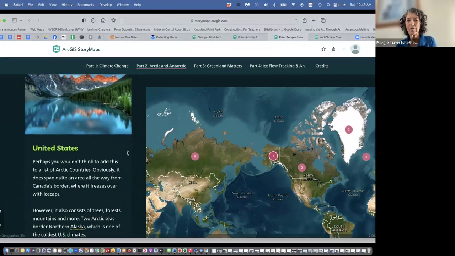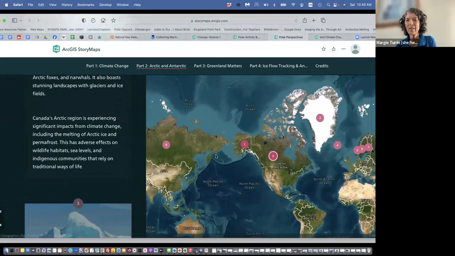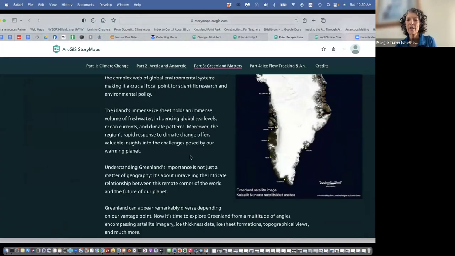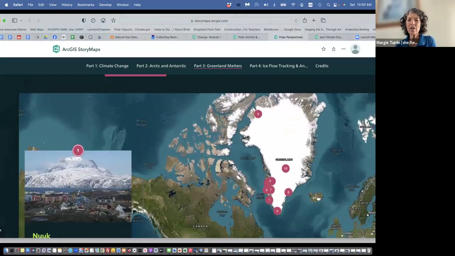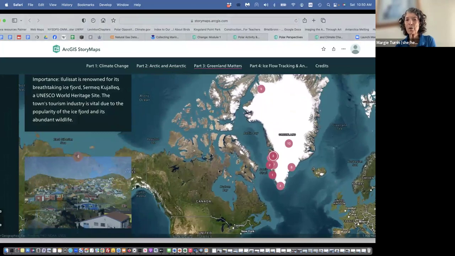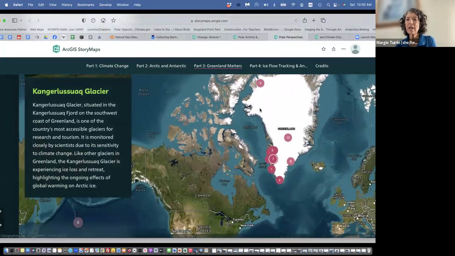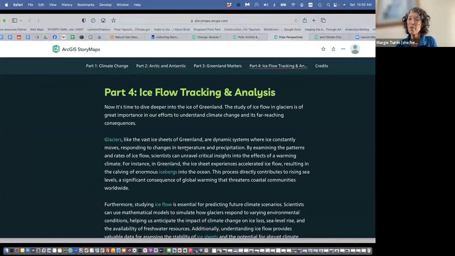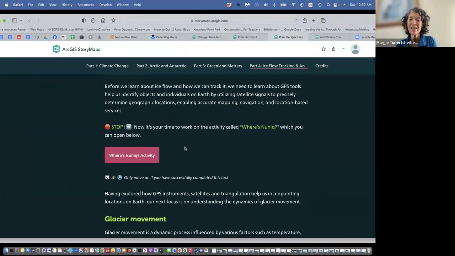So he used his ArcGIS to kind of build in that. And then we kind of pop into Greenland, and he introduces Greenland. And again, he has these great worksheets, and he has videos embedded. And so you can do a tour of Greenland, and then taking you down to his ice flow tracking and analysis.